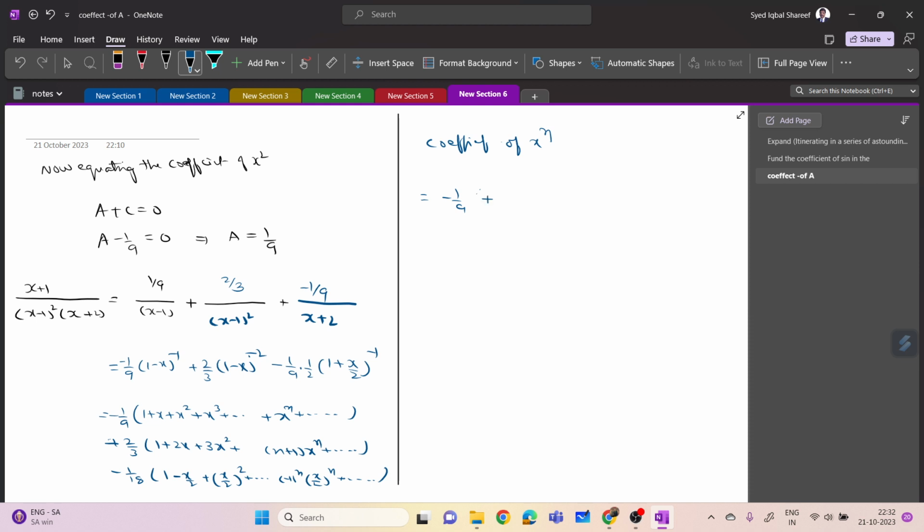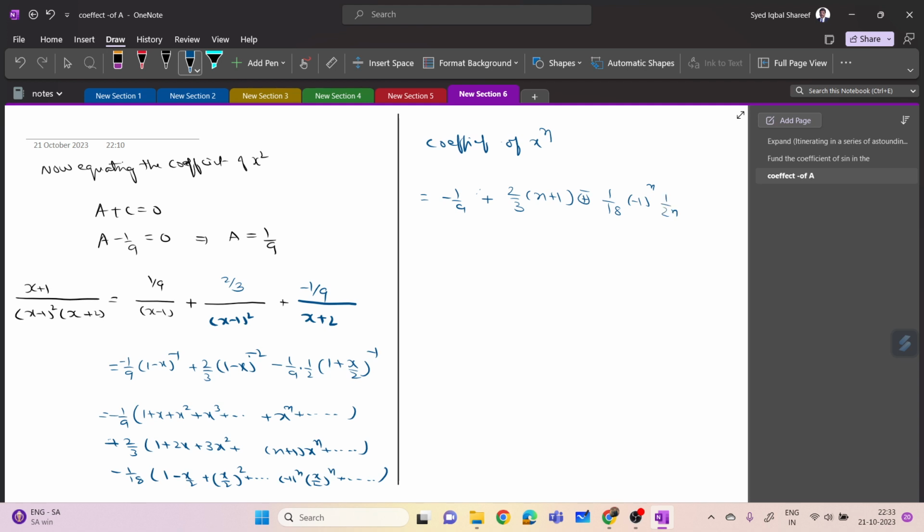So plus 2 by 3 (n plus 1), minus 1 by 18, (minus 1) to the power of n by 2 to the power of n.